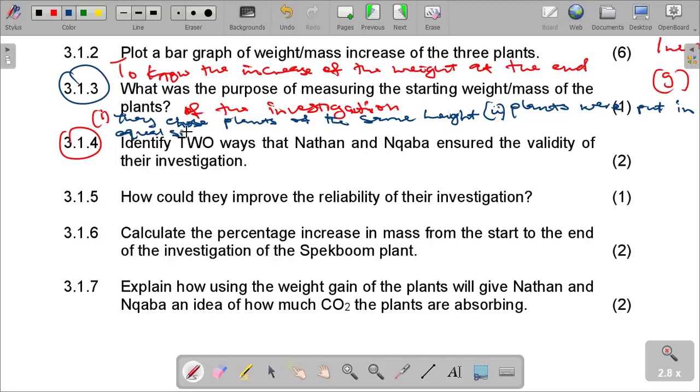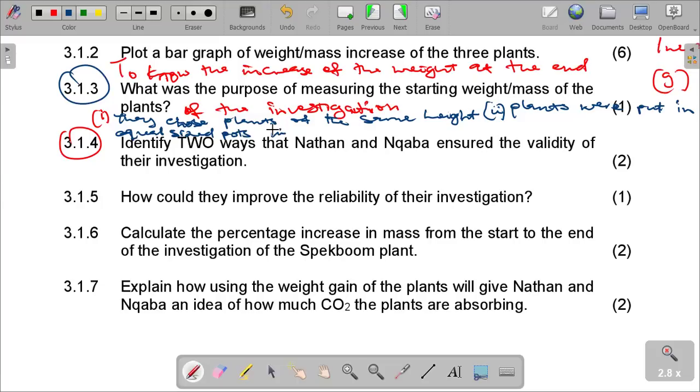The plants were put in equal sized pots, as you can see from the investigation settings there. And also all the plants had the same type of soil.